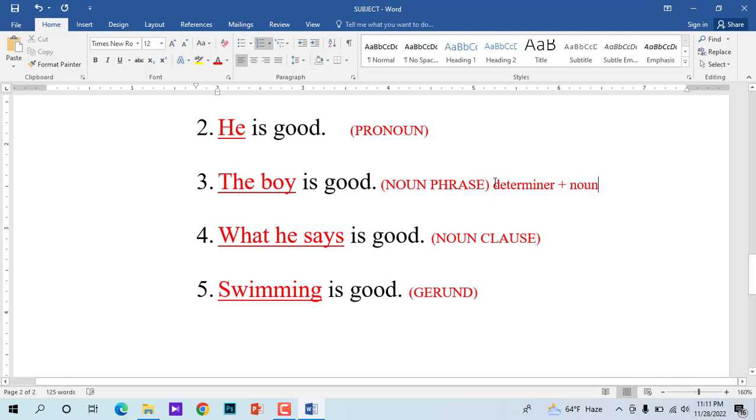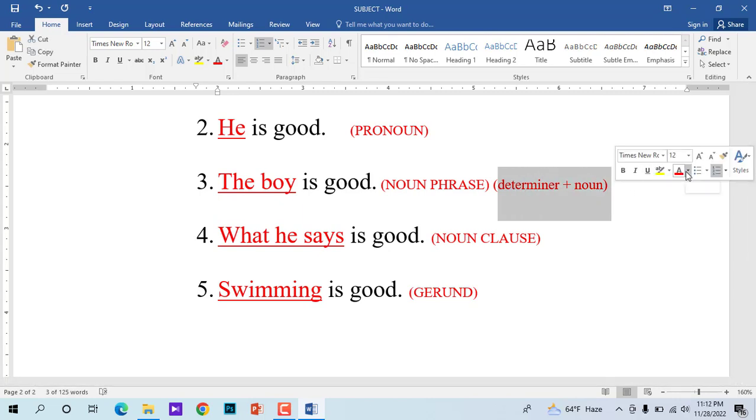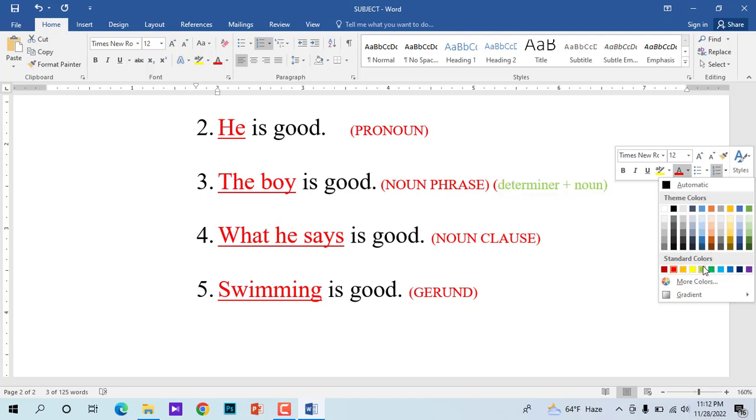If there is a determiner and a noun, that is called a noun phrase. So if you just look at this structure, you may easily understand how a noun phrase can be made. Okay, so this is the thing.